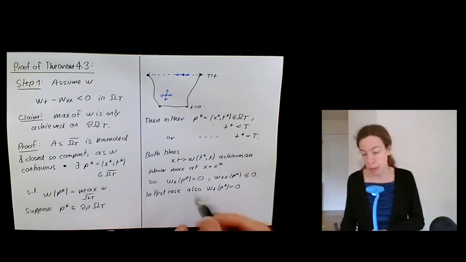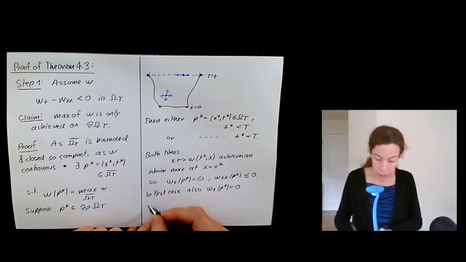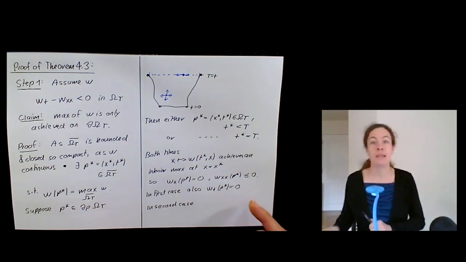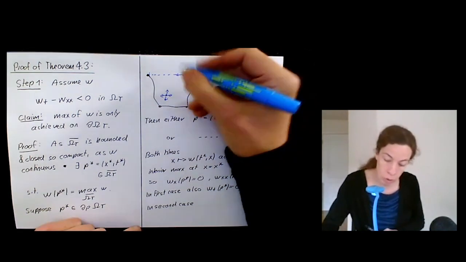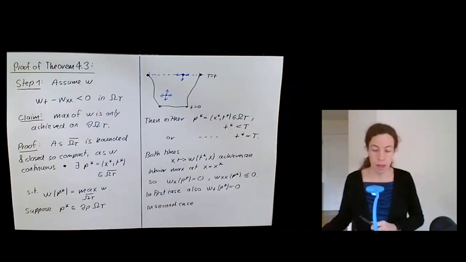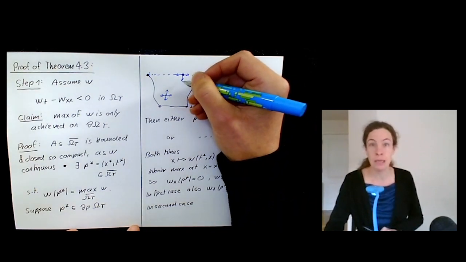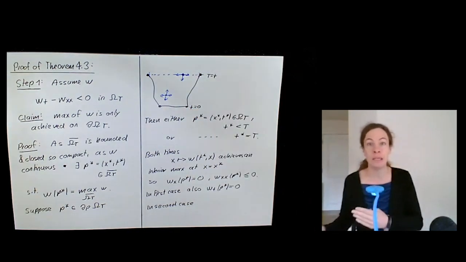So in the first case, we have this, while in the second case, we can't say that Wt needs to vanish because I can only move backwards in time. However, I know that if I move backwards in time, then I just decrease my W, I cannot increase it.